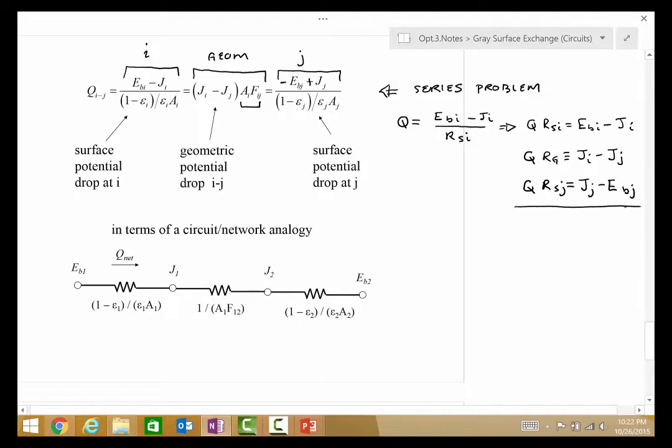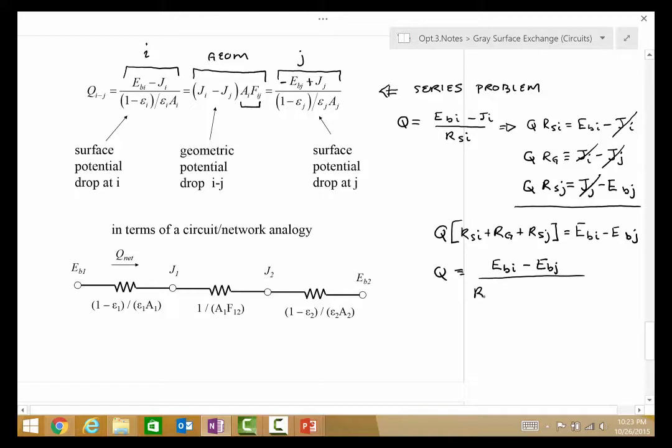When we sum this up, and that's how we know there was a sign error, we have Q times RSi plus RG plus RSj is equal to Ebi minus Ebj, or Q is equal to Ebi minus Ebj over the sum of the resistances.